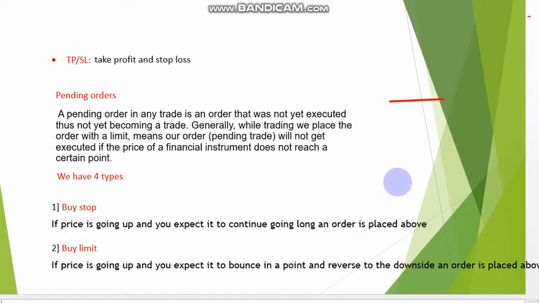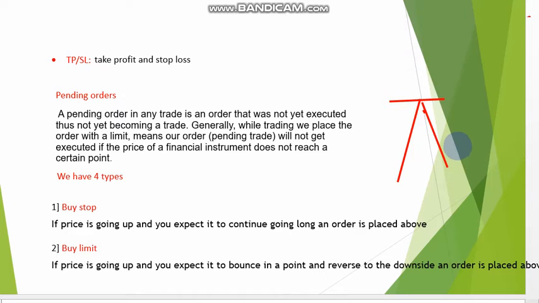If the price is in an uptrend, going up, and you know that if the price reaches this direction, it will come down, it will sell, you can put in an order here. This is what they call a pending order. You can put an order here that once the price is in this place, the order will be executed, and if your prediction was correct that the price will go down, it goes down and you make profit. In a pending order, you also put your stop loss and your take profit levels.